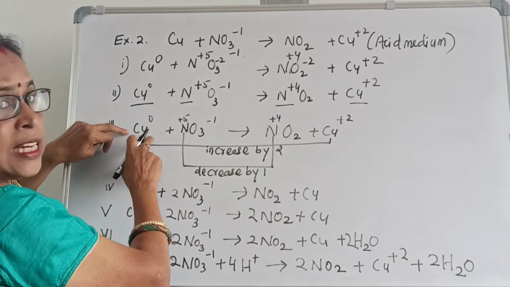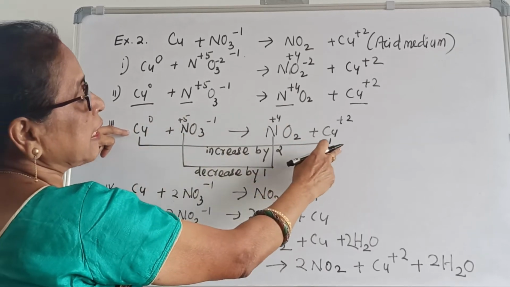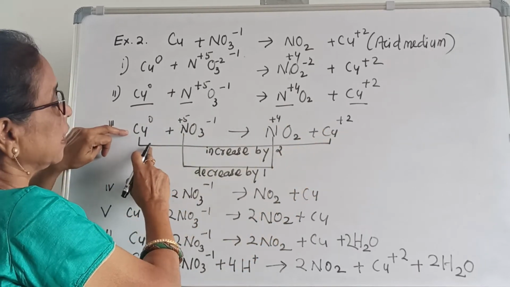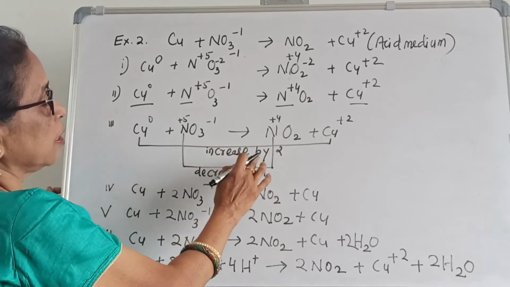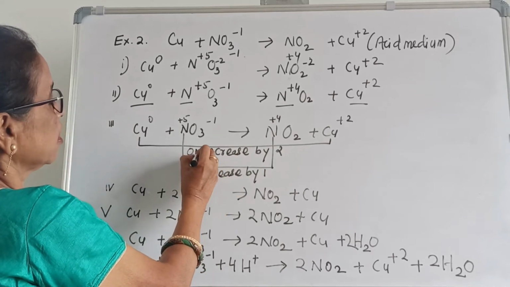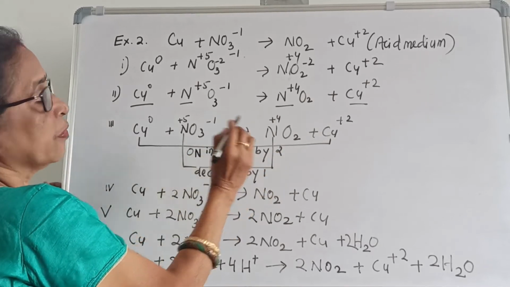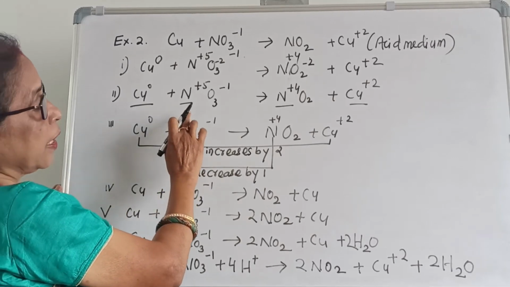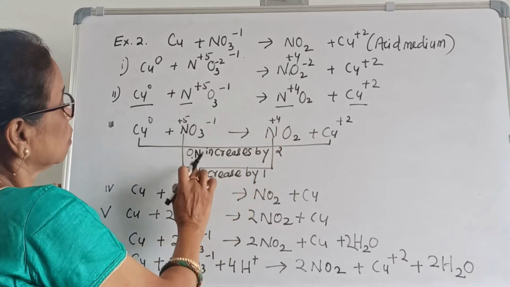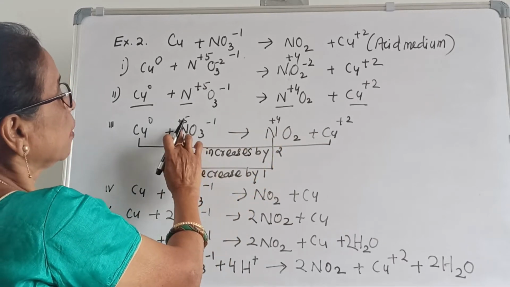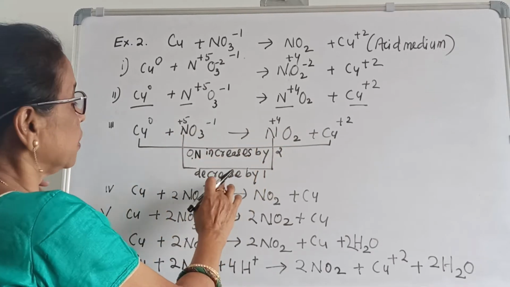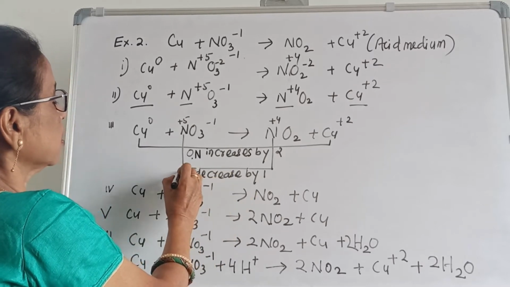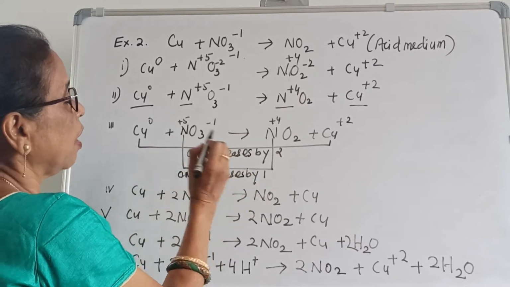You see here Cu 0 and here it is Cu plus 2, then the oxidation number increases by 2. Similarly, here N plus 5 becomes N plus 4. So the oxidation number goes from 5 to 4, so the oxidation number decreases by 1.